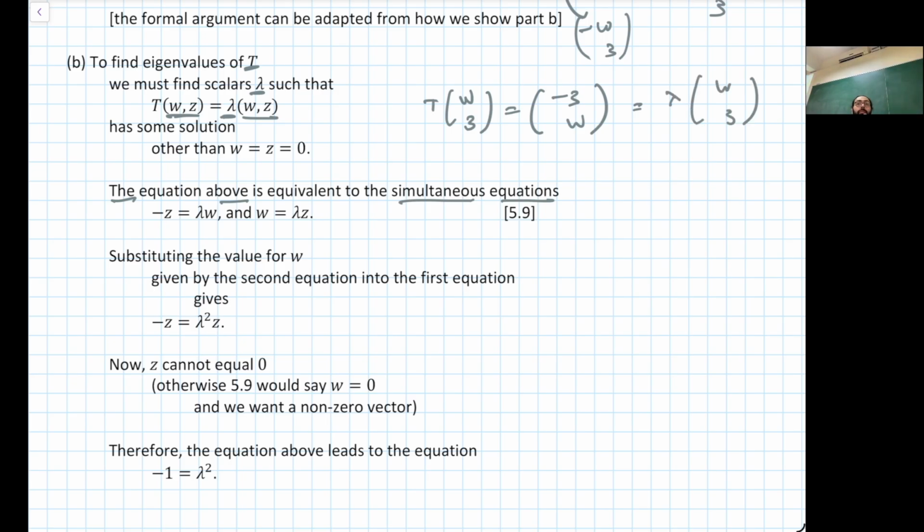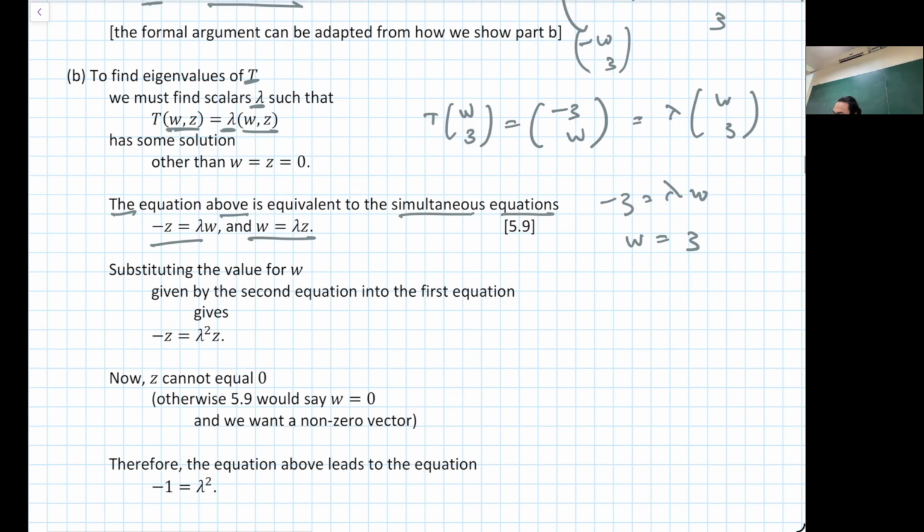Component-wise, if we equate them, we get minus z is lambda w and w is lambda z. Did I mess up? Oh yeah, I forgot the lambda. Thank you.